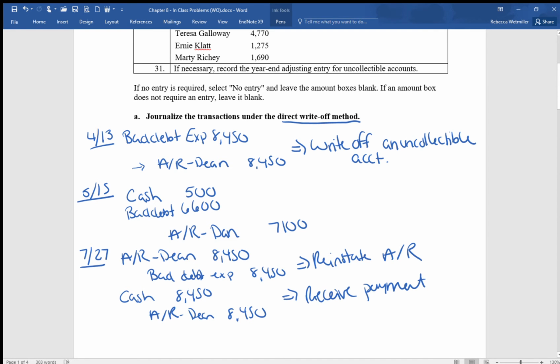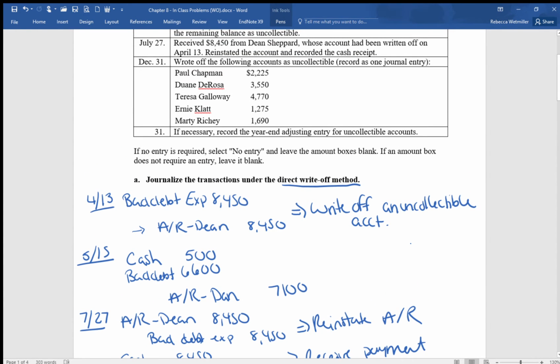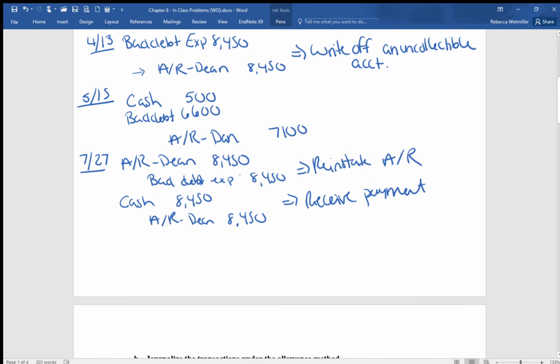Okay, and then 12/31, it says we wrote off the following accounts as uncollectible and we want to record them as one journal entry. So for that one, let's put in another page here so I can actually write this out.